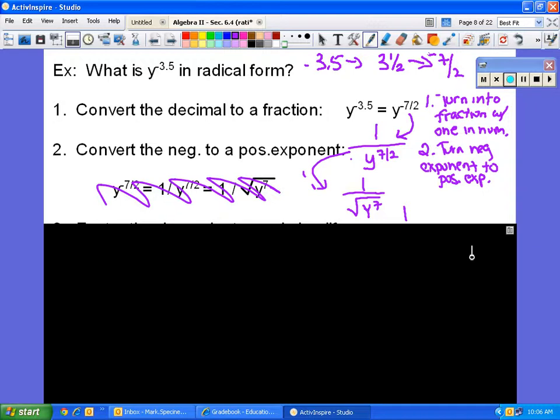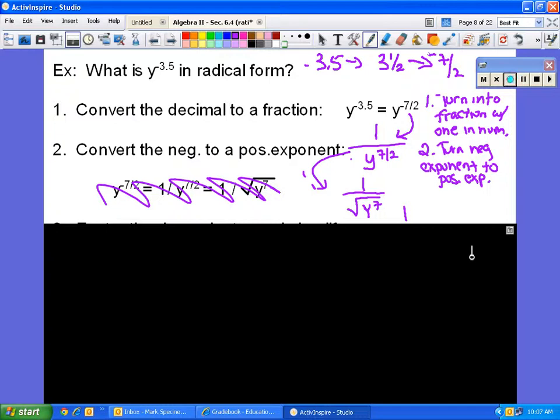Now I'm sure you would like to think that we're finished, but you would be wrong, because we have that other rule that we talked about: no radicals in the denominator. That's right, no irrational numbers in the denominator.